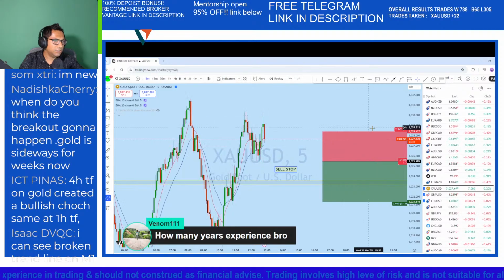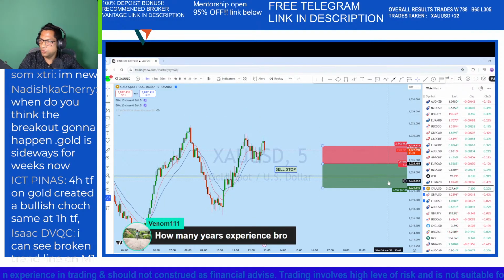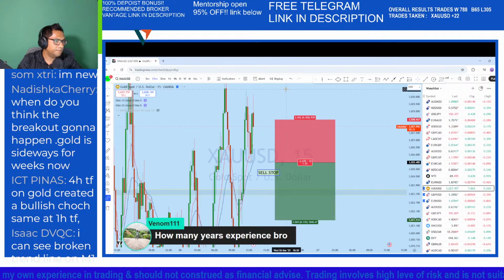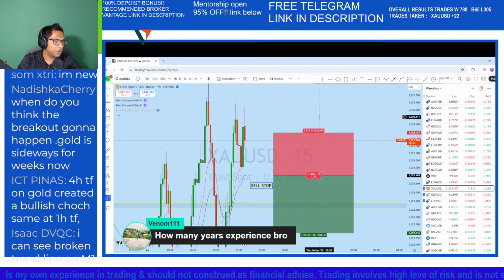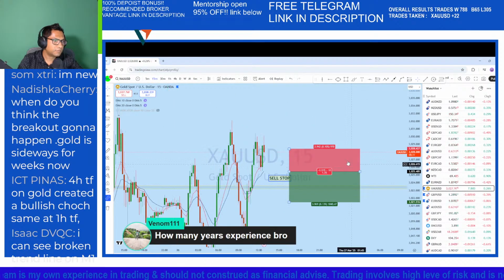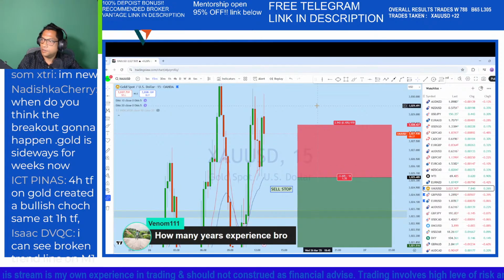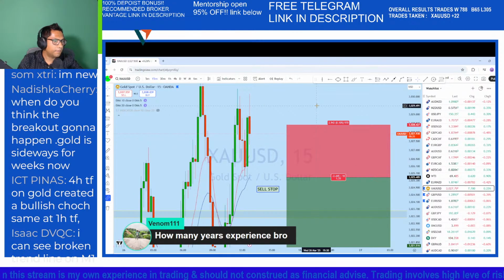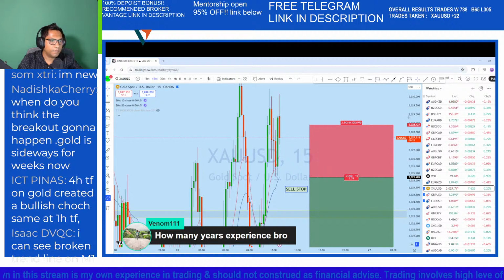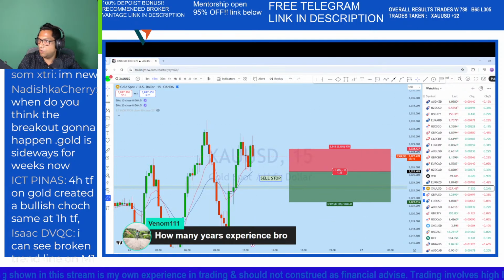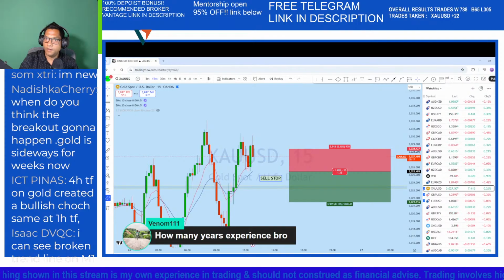But let's wait to see what the market is planning to do at the moment. This is a complete breakup structure, and if it does, then it may drop straight back down here. So wait to see.